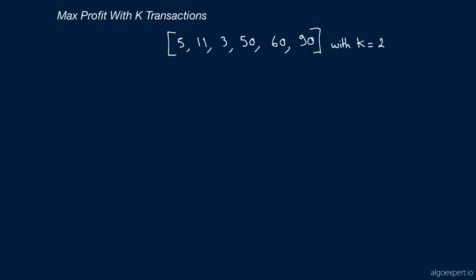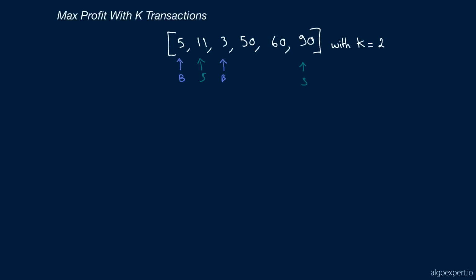Awesome. So let's get into this example. Turns out the solution to this example, the max profit you can get here, is going to be to buy at $5, then to sell at $11, then to buy at $3, and finally to sell at $90.